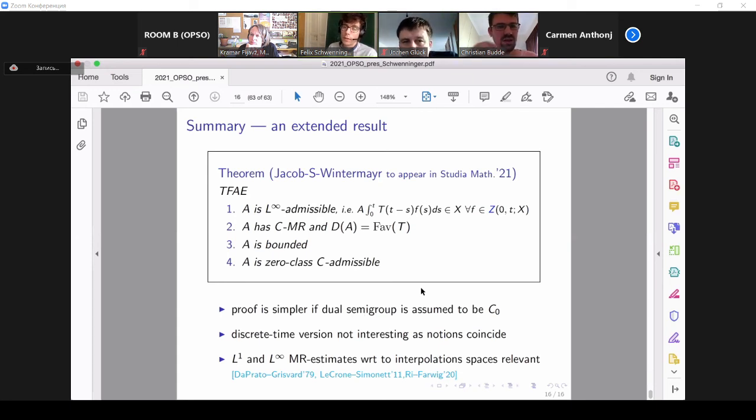No. I mean, this can be true even if the space is non-reflexive. That's true. Okay. So it's really the interplay of this maximal regularity plus this identity that gives you the boundedness. Okay. Thank you. Thanks for the question.